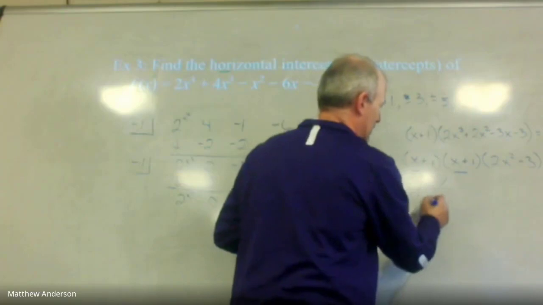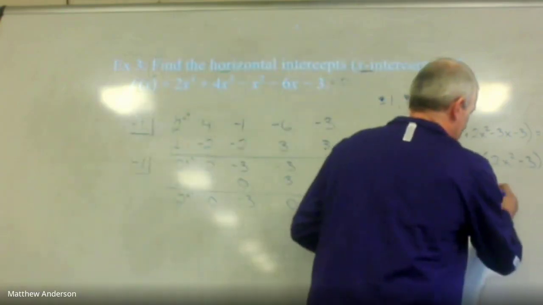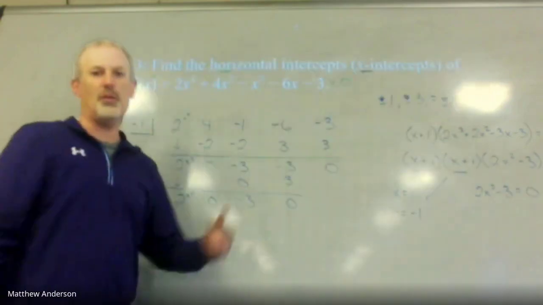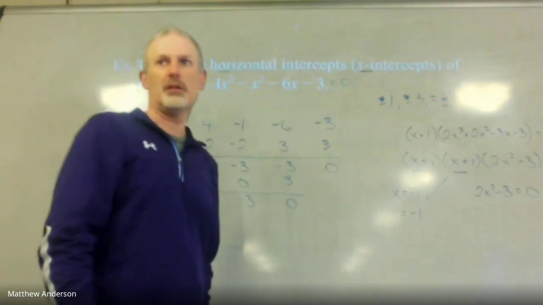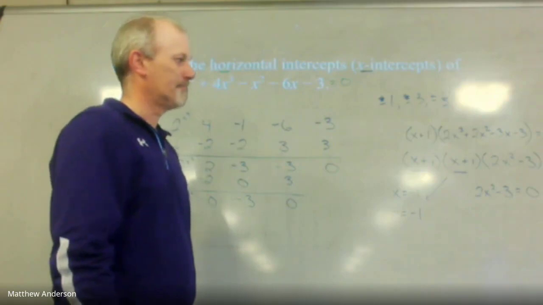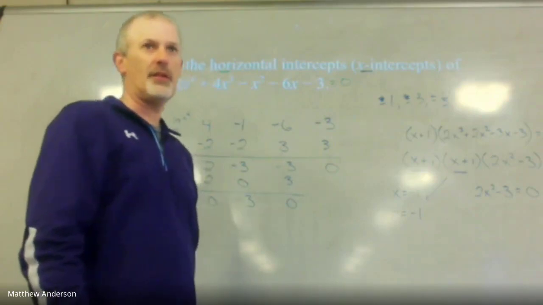They're the same. Then this one, 2x squared minus 3 equals 0. So what would we do to solve that one? What would we do first? Remember, our goal is to get that x by itself.